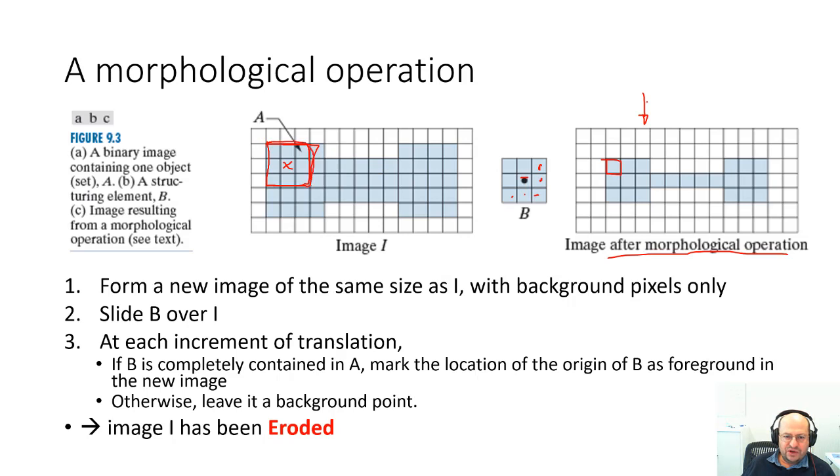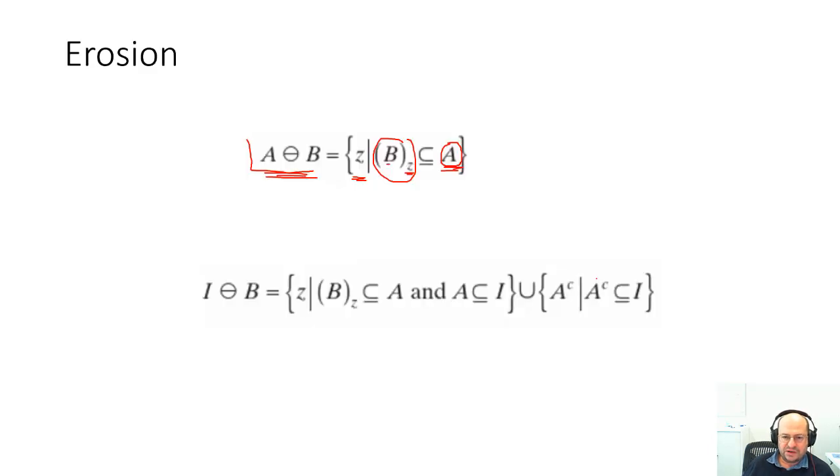When B is totally contained in the image A, I collect the center of B and mark it in the resulting image as a foreground object. Everything else will be background, because in those cases the structuring element wouldn't be totally inside of the foreground object.